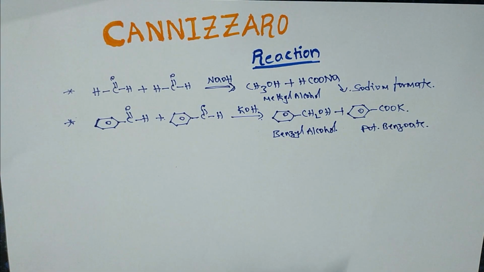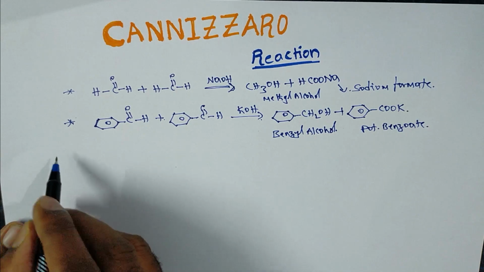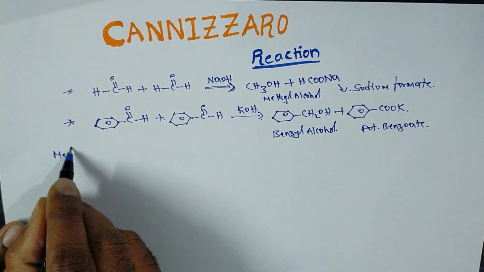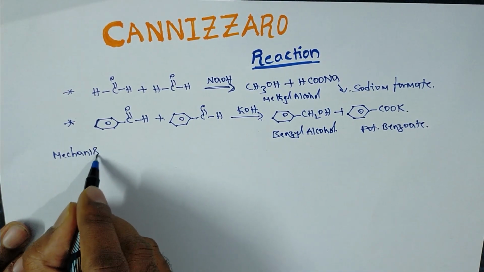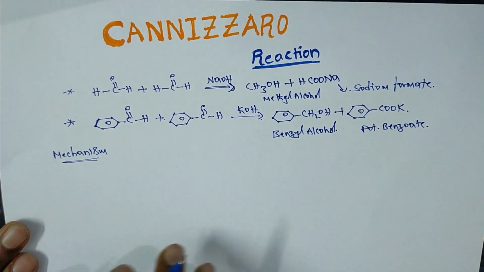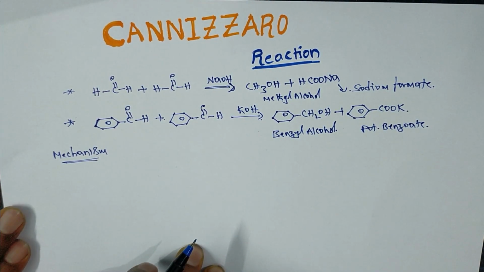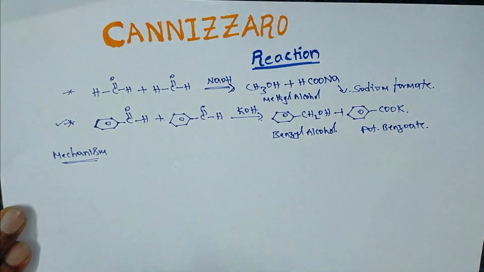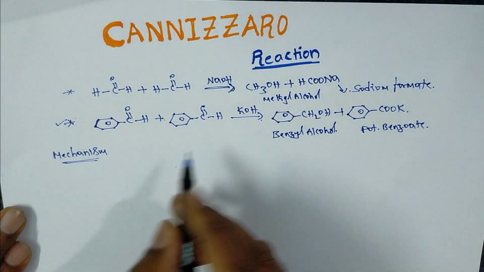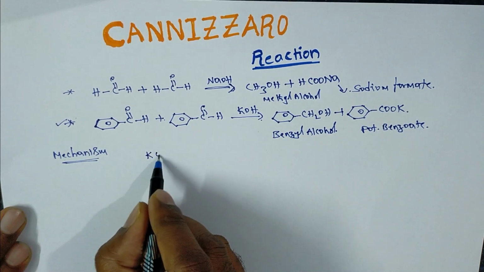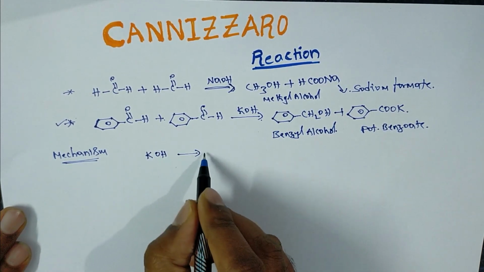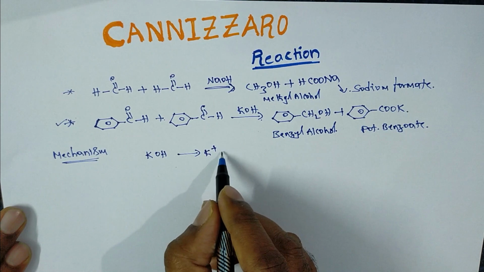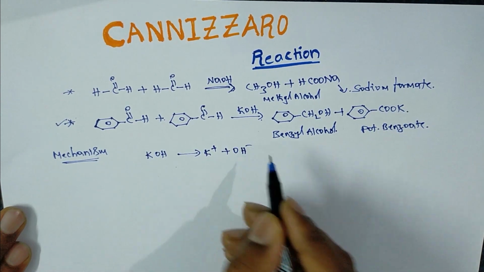So let us discuss the mechanism of the Cannizzaro reaction. Okay students, in this mechanism we have 2 steps. Take the second reaction. First KOH is ionized into K plus and OH minus.